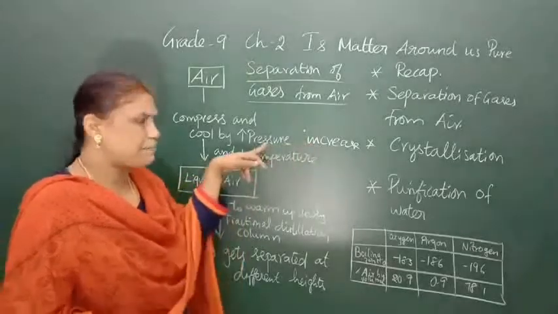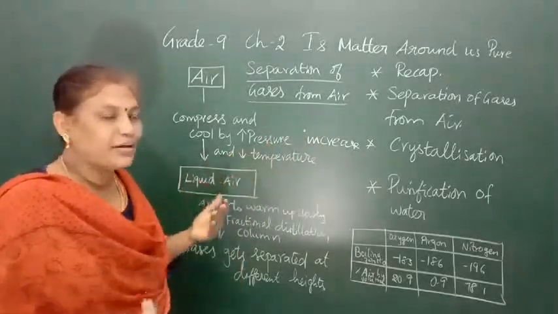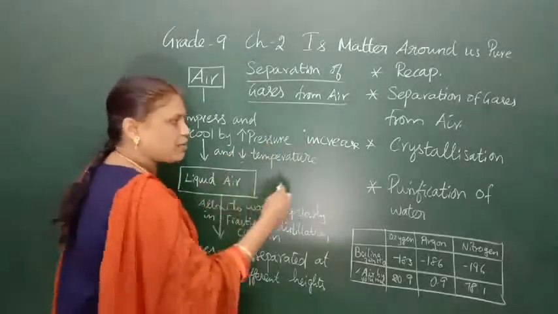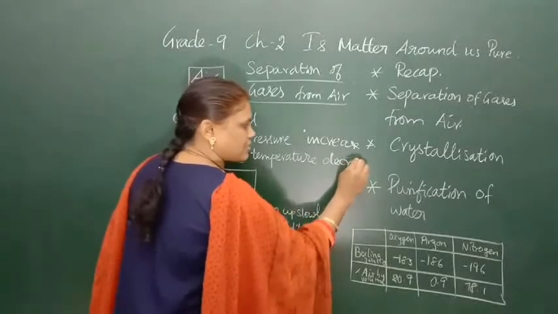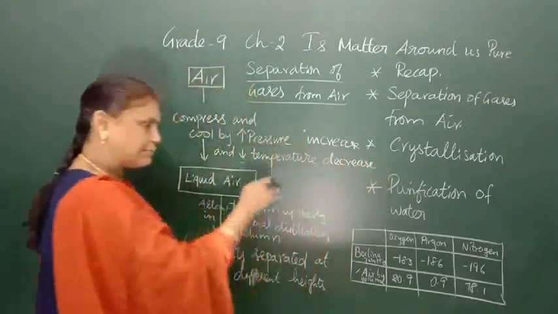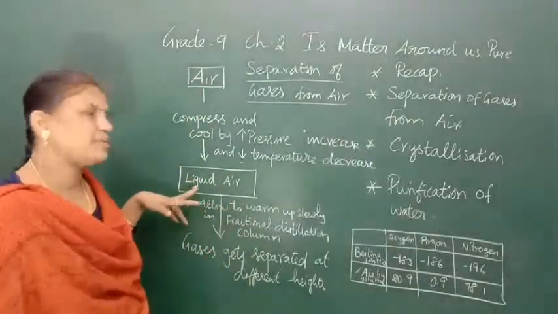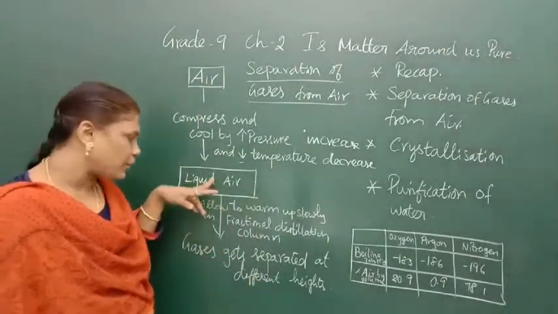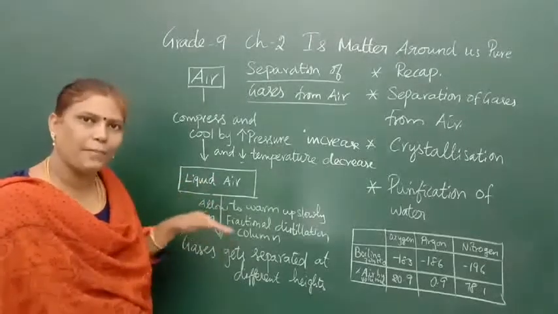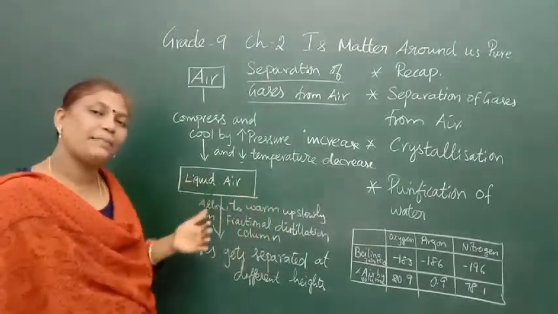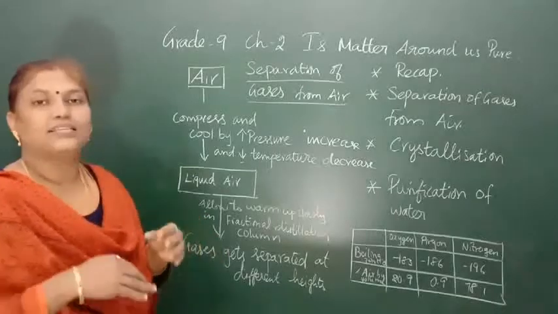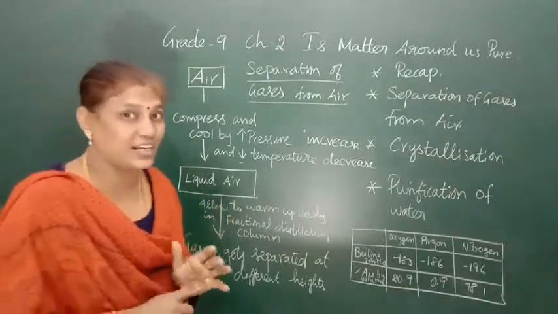The downward arrow says a decrease: we have to decrease the temperature of the air so that it becomes liquid air. And the liquid air is allowed to warm up slowly. And what happens then? It will be separated in a fractionating column.